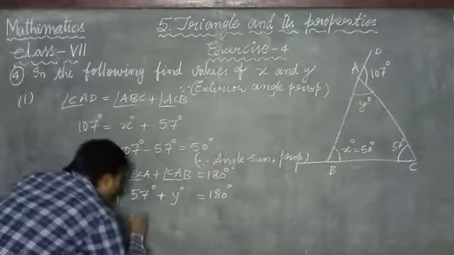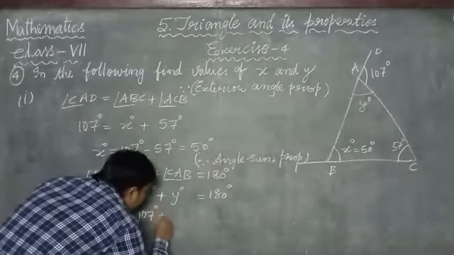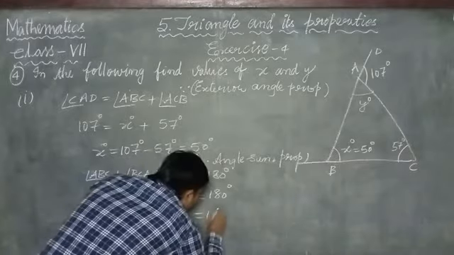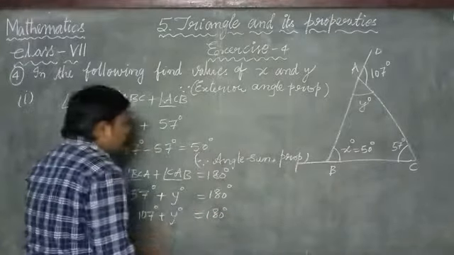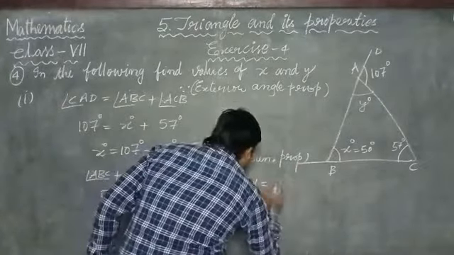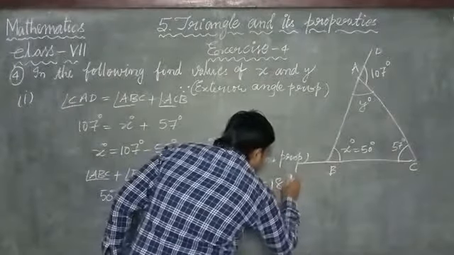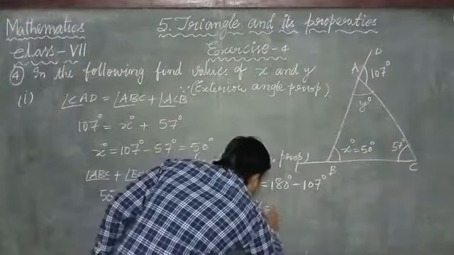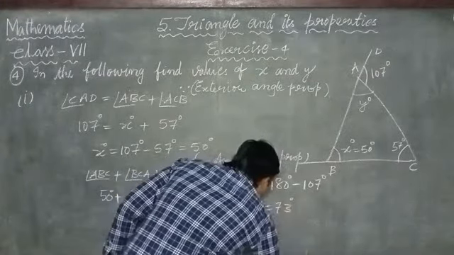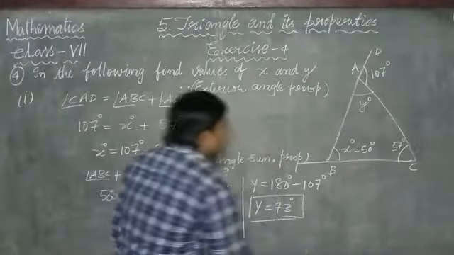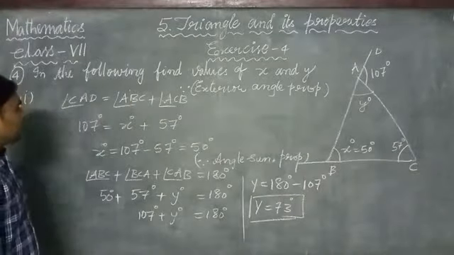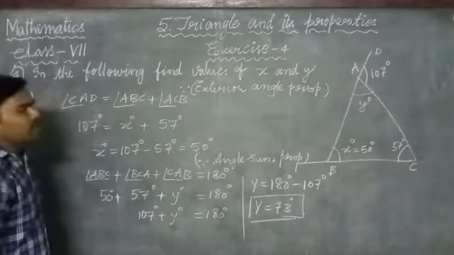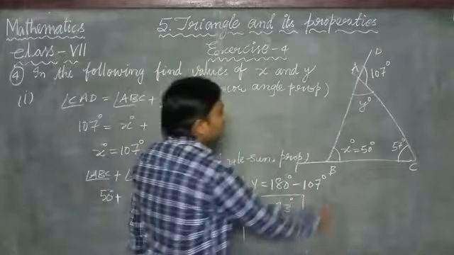Here 107 degrees plus y degrees equals 180 degrees. From that we can write y equals 180 degrees minus 107 degrees, then y equals 73 degrees. In this way we can find the x and y values for the given figure.